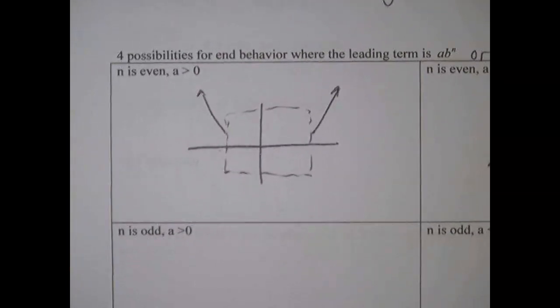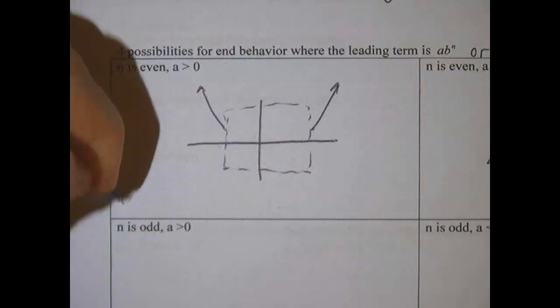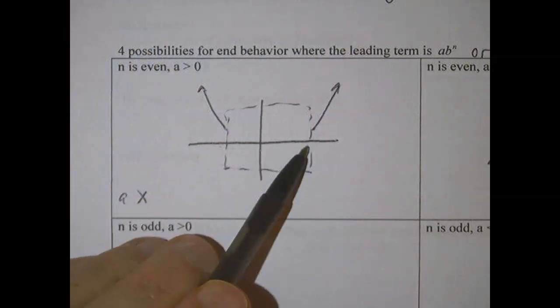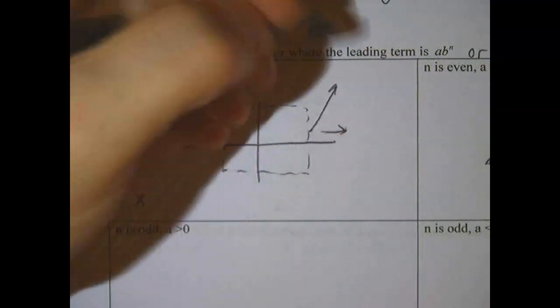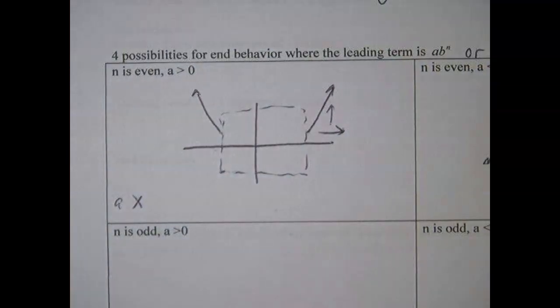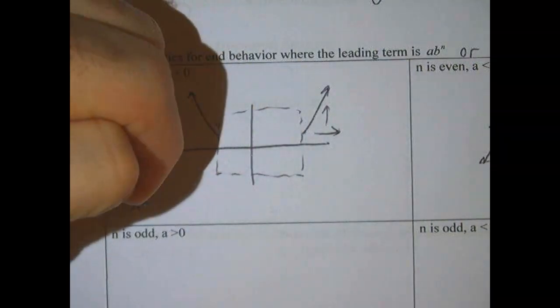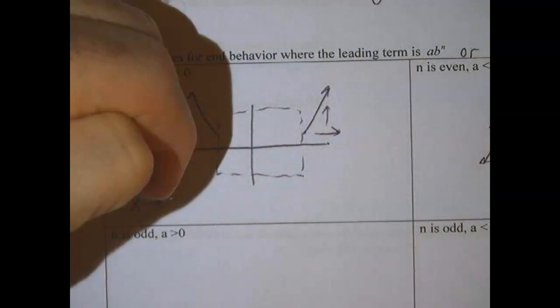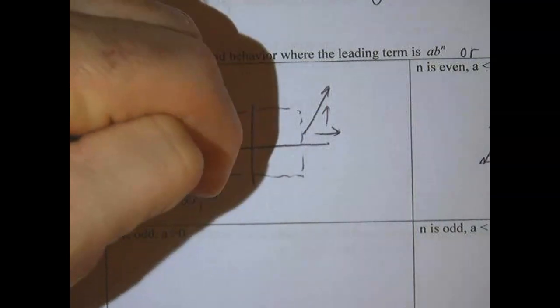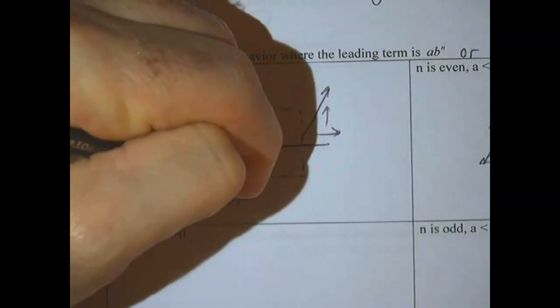So in this first case, what we're actually saying is that as x goes towards infinity, so as x goes this way, f of x will go towards positive infinity. So as x goes towards positive infinity, f of x goes towards positive infinity.